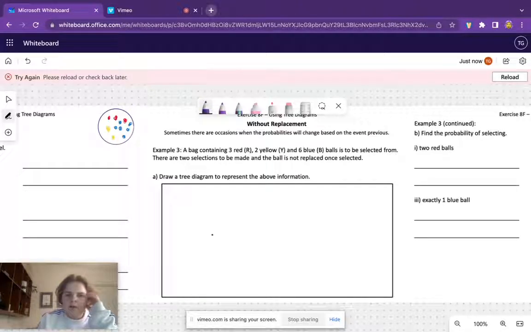So on our first pick, we could get a red one, a blue one, or a yellow one. So let's call this our first pick.